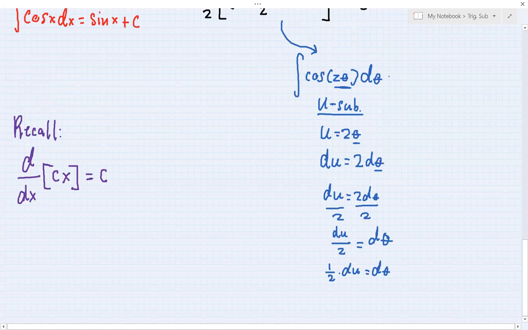Okay, so punta tayo rito. So let's get the integral for this one. So the integral of cosine of, since yung u mo is equal to 2 theta, ayan siya. Okay, 2 theta will become u. Okay, next si d theta. Si d theta is equal to 1/2 times du.